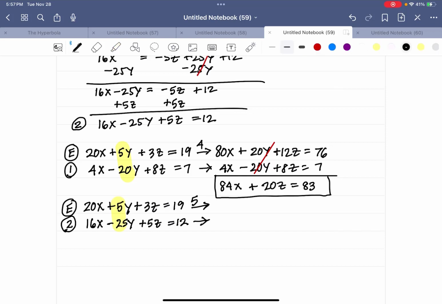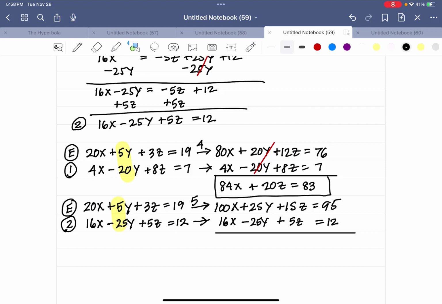So this one's going to stay the same. 100x plus 25y plus 15z is 19 times 5, which is 95. And then 16x minus 25y plus 5z equals 12. 116x plus 20z equals 107. So that's my second equation.